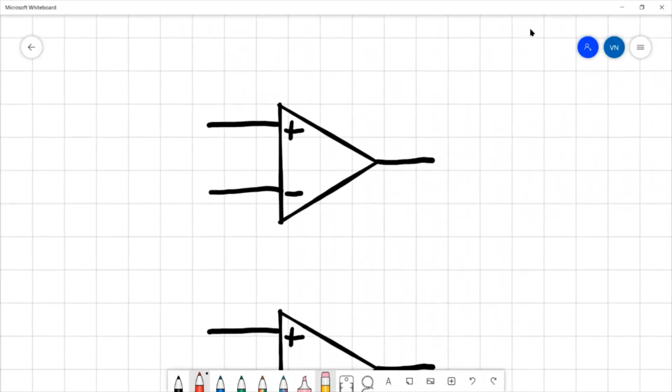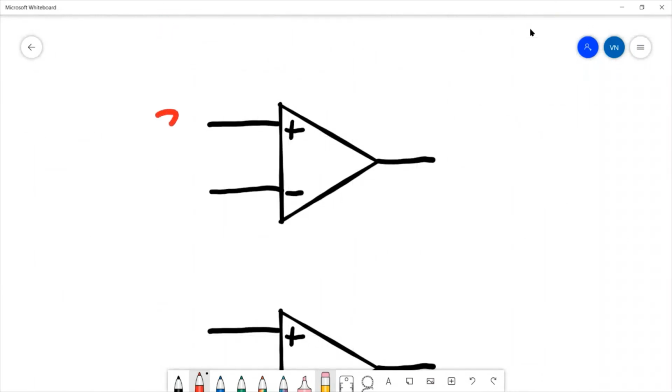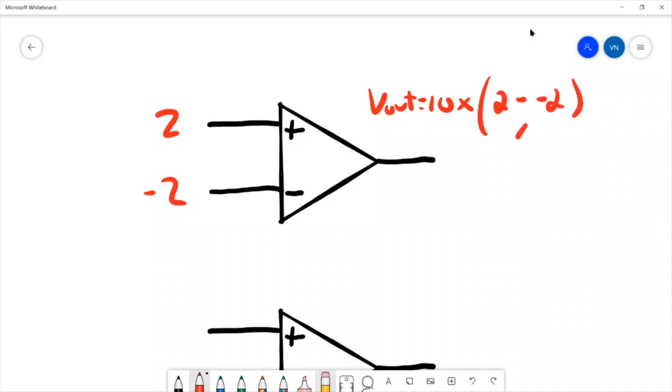What about if one voltage is positive and one voltage is negative? V out is 10 times the positive voltage minus the negative voltage. So the difference between the inputs is 4 volts, which would give you 40 volts out. That is if the op amp is powered with something like plus minus 50 volts.